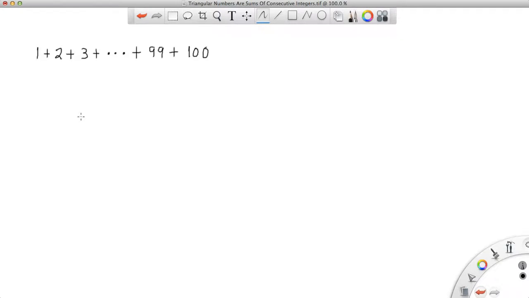Now the story is this kid whose name was Carl Friedrich Gauss. He thought of this method. He said, okay, well, that sum is going to be some number, so let's call it S for sum. And he just put that without trying to calculate the first few terms or starting adding anything.